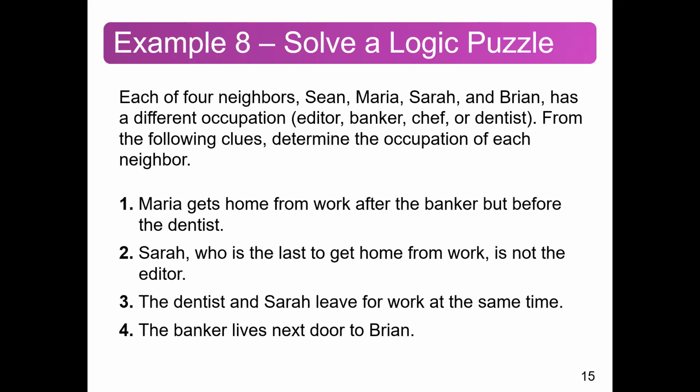Now, the point here is that we are assuming that all of these premises are true. And so our entire conclusion is based on only these 4 statements, right? And also the fact that there are 4 people and they have different occupations.